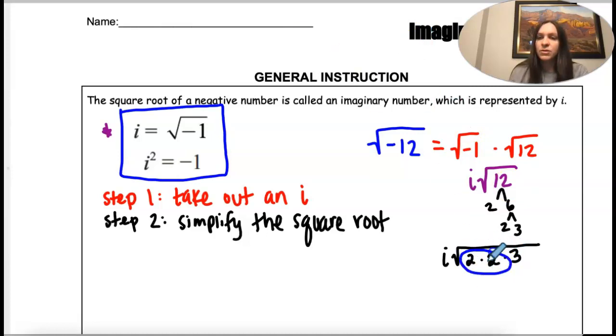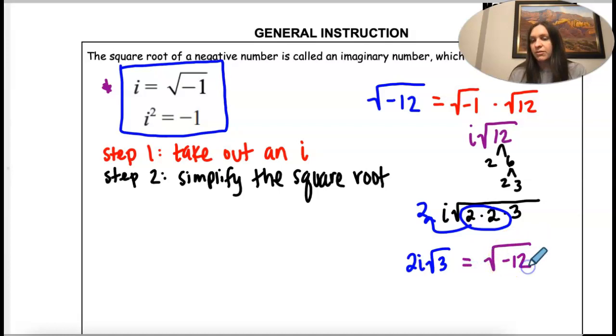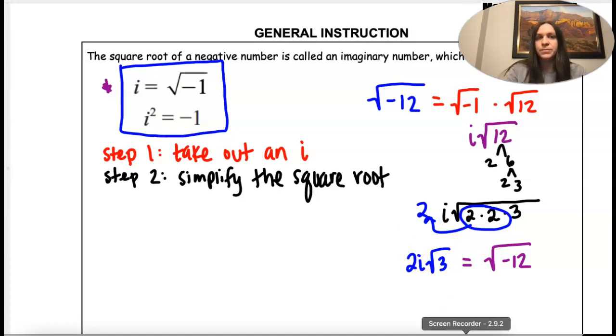A pair of 2's I can take out, and then I will have 2i square root of 3. So this is the proper simplified way to rewrite the square root of -12. It includes an imaginary number and a simplified square root.